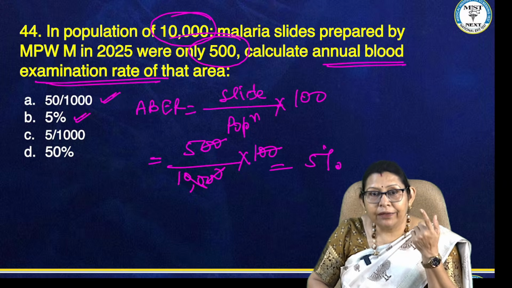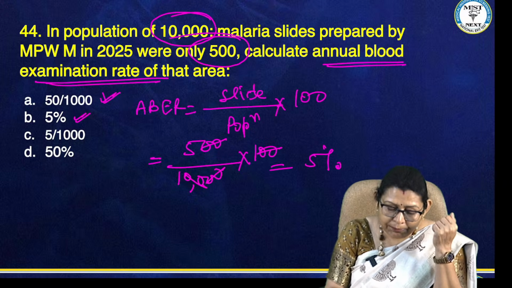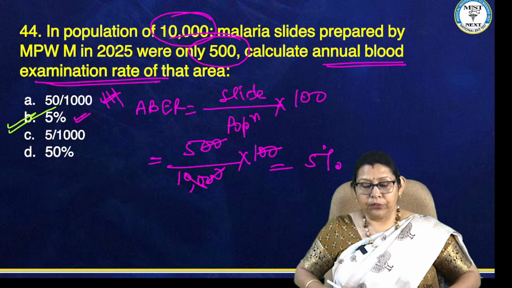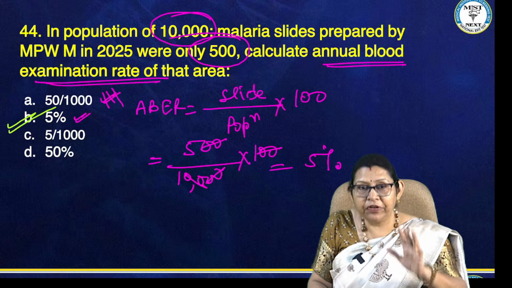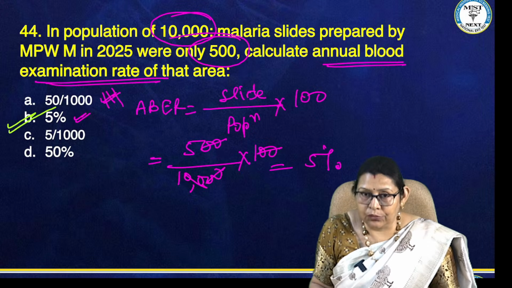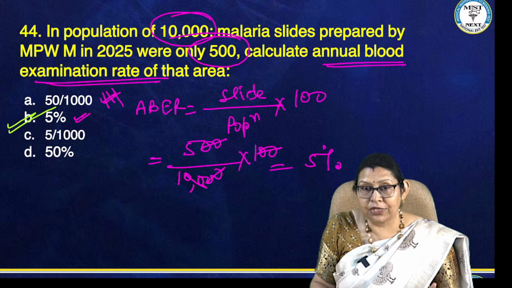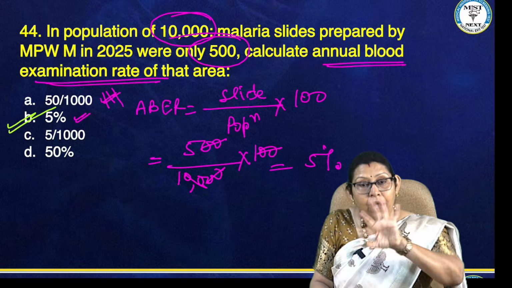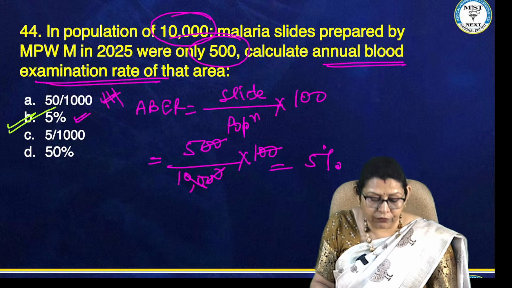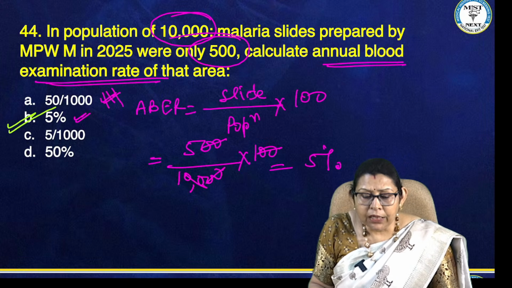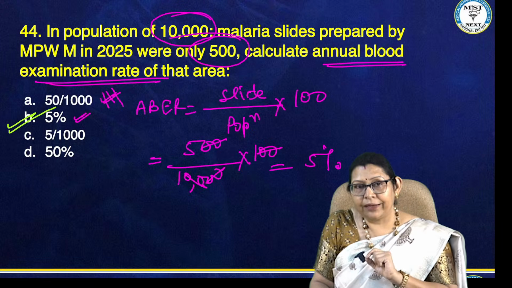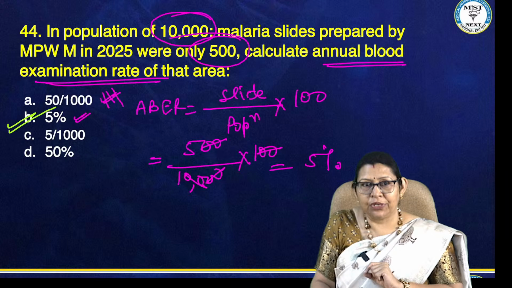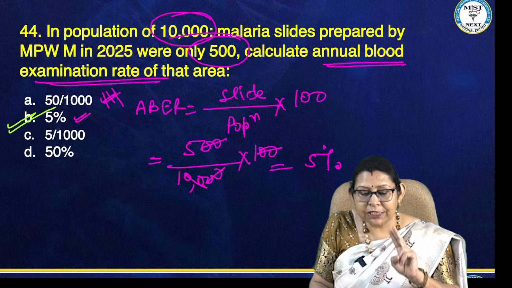But if they didn't mention, then the best answer will be 5%. ठीक है. तो ultimately आपको definition strongly याद होना चाहिए, formula strongly याद होना चाहिए, and उनका concept कि how to apply that information in the formula. And that's why those who are answering option A, it is not correct here, because उन्होंने per 1000 नहीं पूछा, and examination rate is expressed as a percentage.